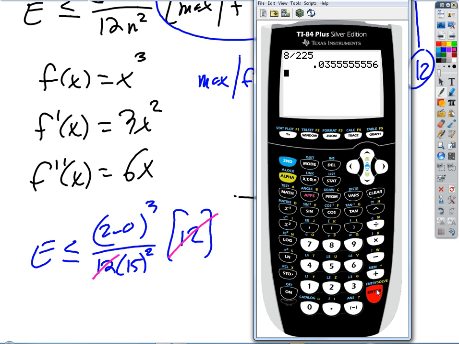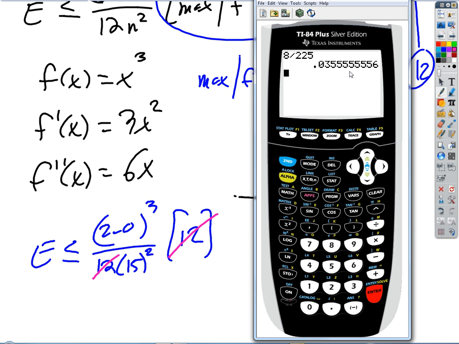Our error will be less than or equal to that number if we use the trapezoidal rule and calculate an area with n equals 15. Okay? That make sense? You guys have done a couple of those, you'll do some more, but when we use the trapezoidal rule and get an area back, we know that our area is at least that close to the actual perfect area.